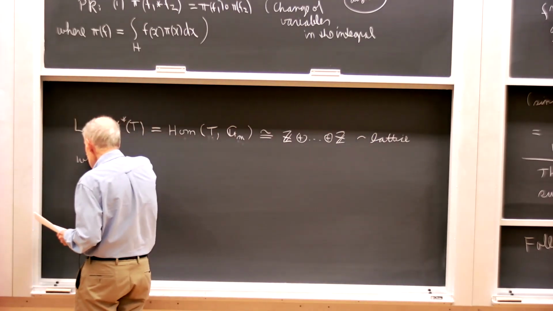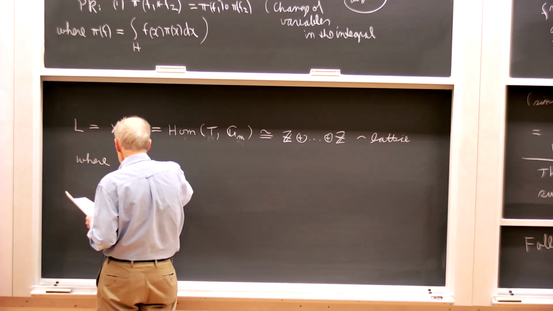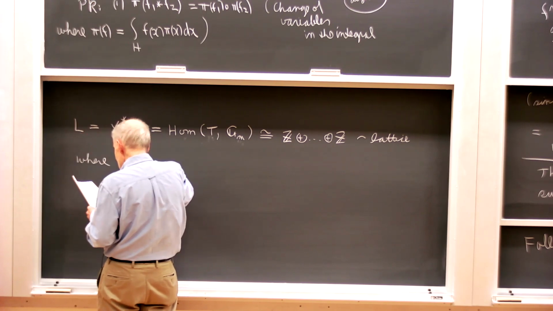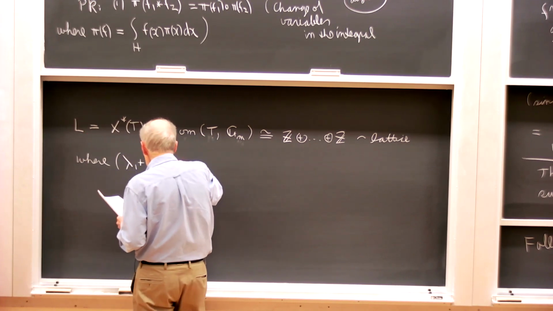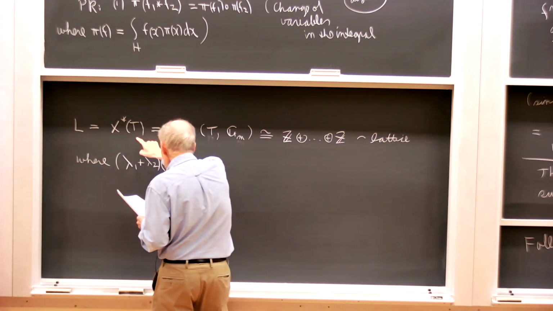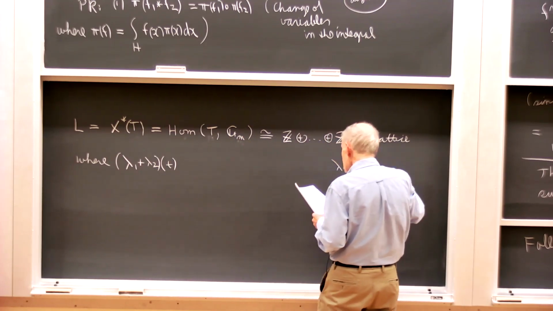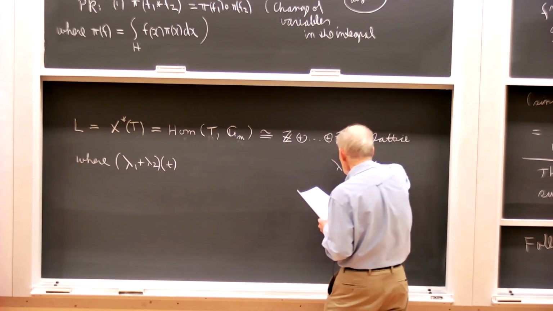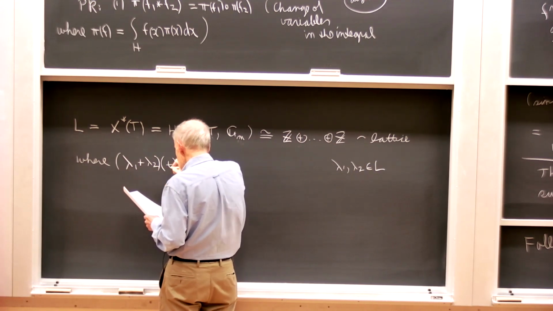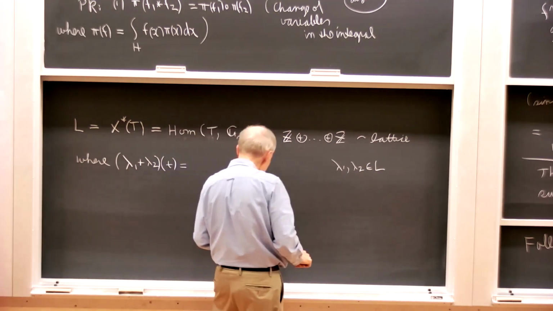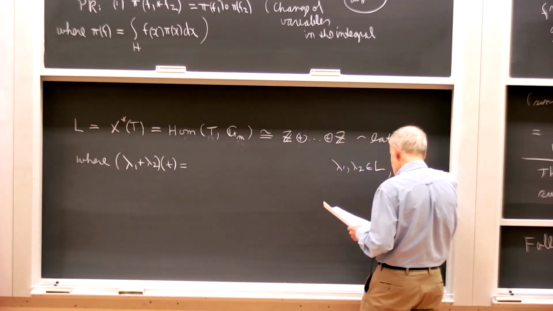And you use additive notation in this lattice. Lambda 1 plus lambda 2, for lambda 1 and lambda 2 in L, the sum of those two things, because I've written this lattice additively, is the homomorphism which evaluated at any t. This is just standard notation.